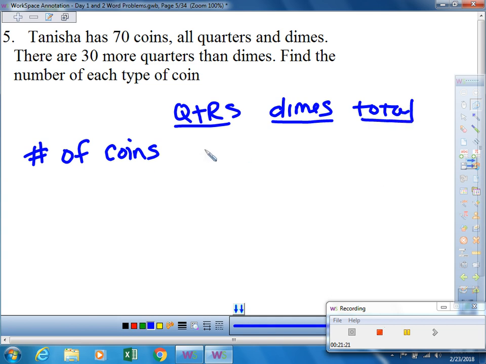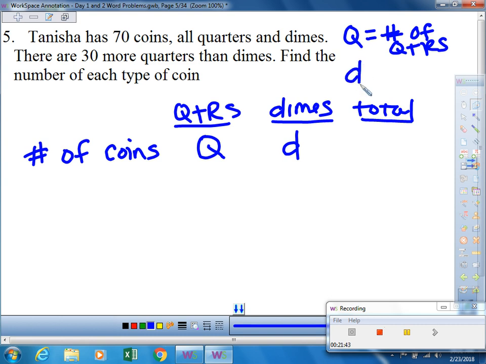All right, so do we know how many quarters we have? No, so we're going to put Q. So as soon as I put a variable, what does Q stand for? Number of quarters. And then, do we know how many dimes? So we're going to put D is number of dimes.